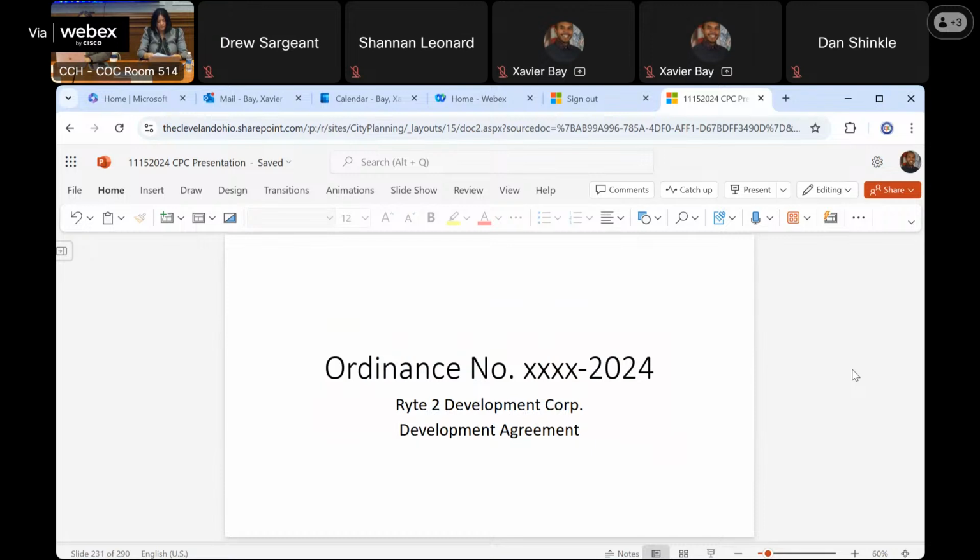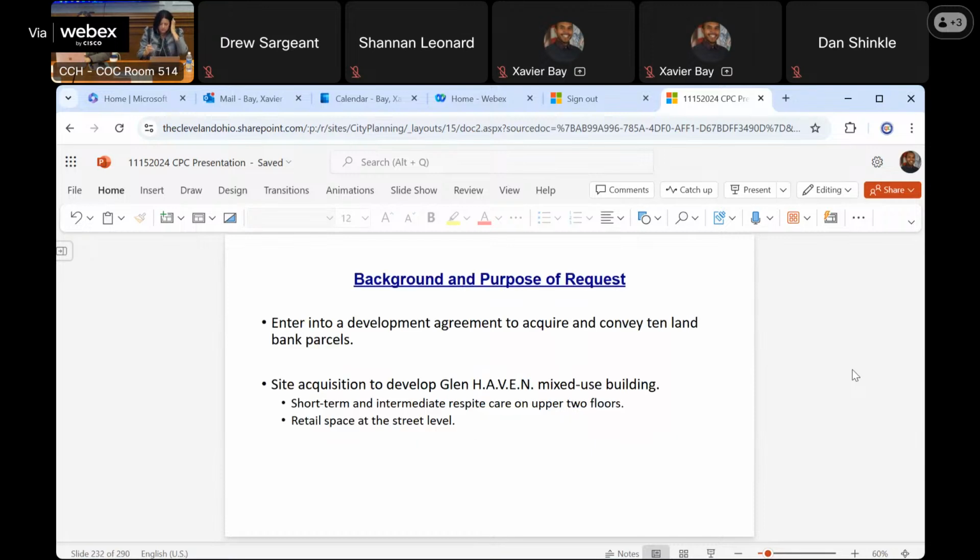Talking about the Glen Haven complex and other issues to be developed with Right to. I just want to give a little quick context. Several years ago, Right to came to the city and presented to us a concept around a respite care facility near the corner of East 105th and Superior. They have performed their due diligence over the years.